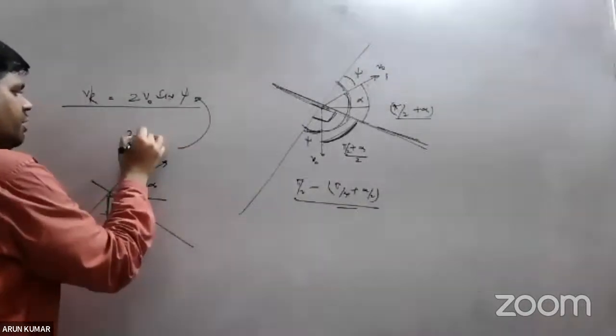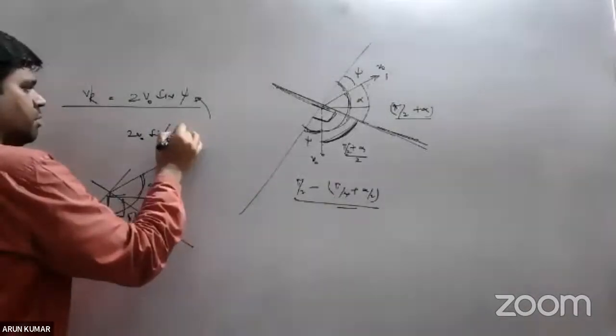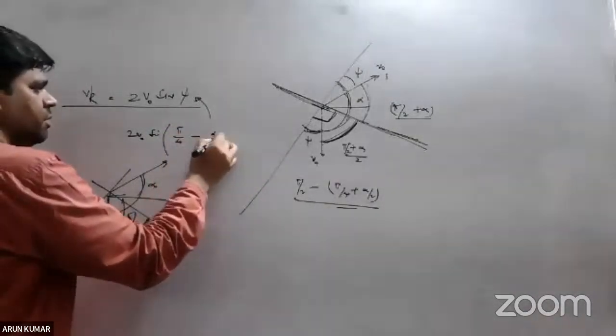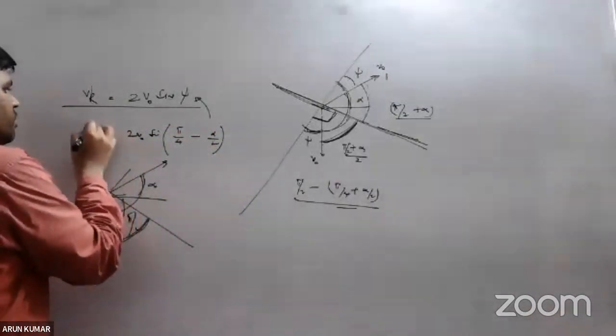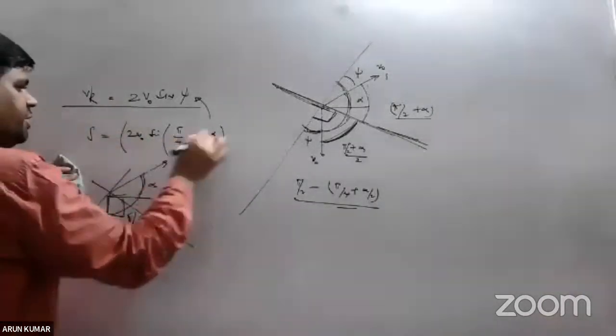So I'll have 2 V naught sine of pi by 4 minus alpha by 2. This is VR. So separation would be speed into time.